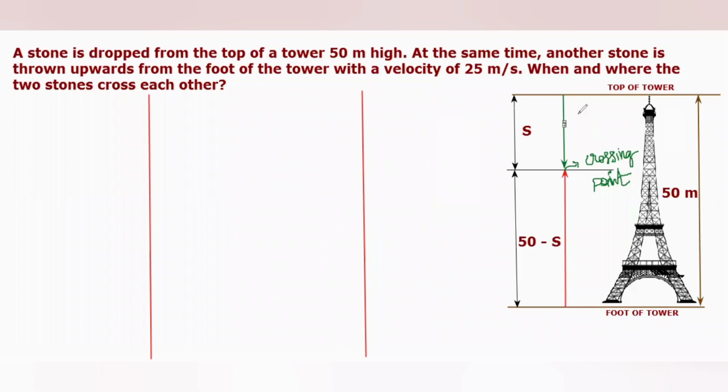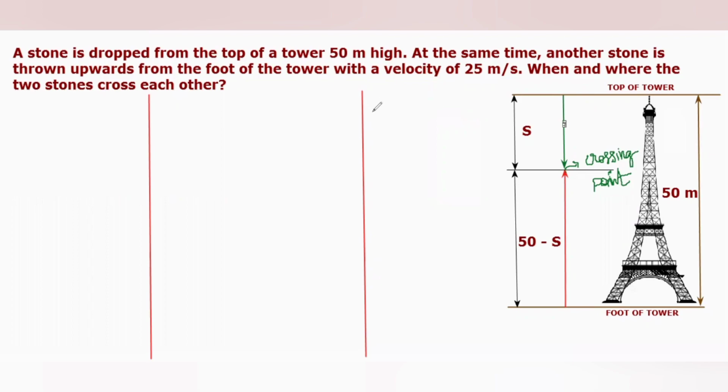The first stone is moving downwards, the second stone is moving upwards, so we will use both formulas, which I'm going to write at the side.